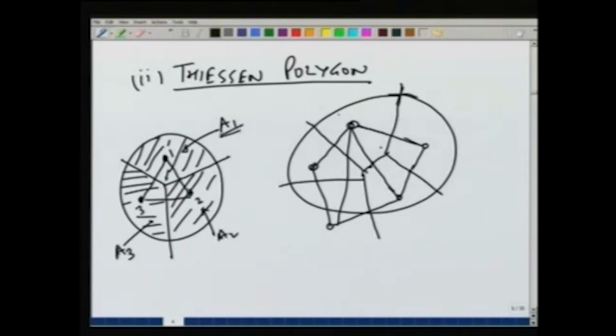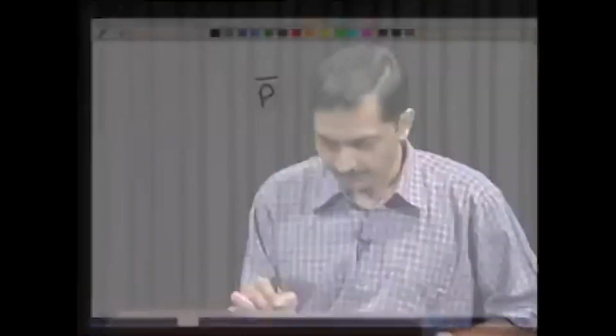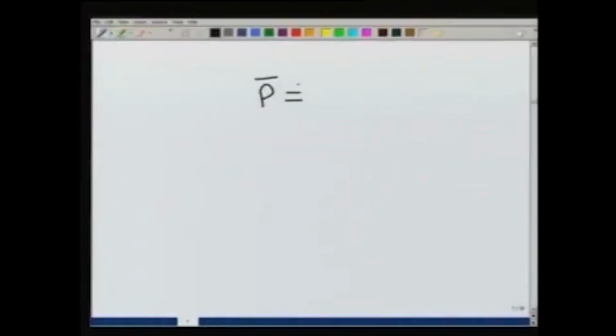Similarly, for example, if we have more than 3 gauges, then the area surrounding a gauge would be the effective area for that gauge. The equation which we use is P bar. Again, it is a summation of all the precipitations with some weights.